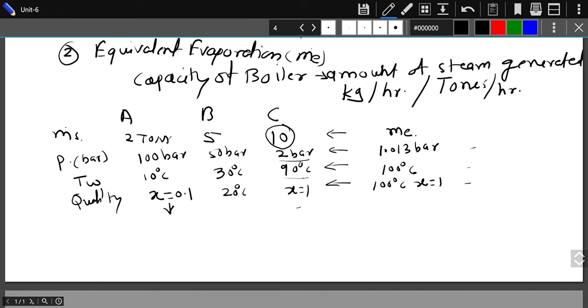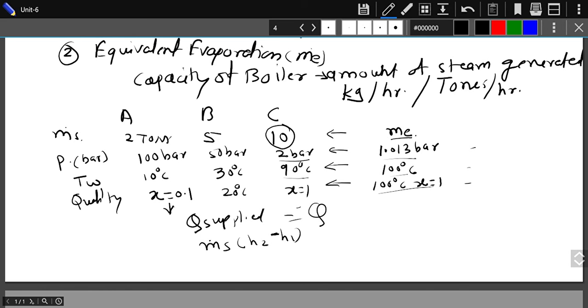Now what I am doing in this case is just one thing: whatever heat is supplied in the actual conditions is equal to the heat supplied for these conditions also. Suppose I want to calculate the equivalent evaporation, and I give the water at 100 degrees centigrade and get the steam at this pressure. Whatever heat is supplied during the actual conditions, the same amount of heat I supply, and then I calculate the equivalent evaporation. For the actual conditions, heat supplied is the mass of steam generated per hour into h2 minus h1.